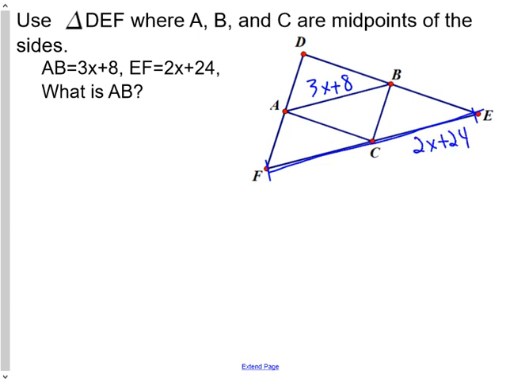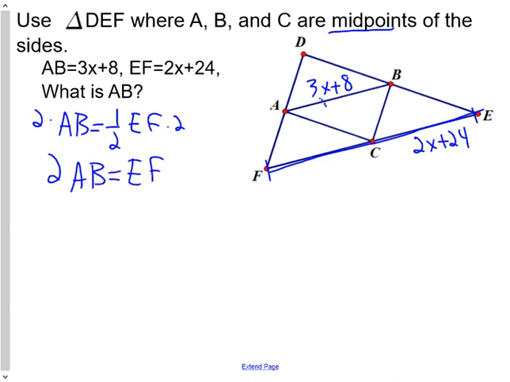Now, remembering what we just went over, AB is the mid-segment. I didn't tell you that. I gave you the midpoints. So that means AB equals half of EF, or again, I like to use nice numbers here, so I'm generally going to write this as 2 times the small one equals the large one.